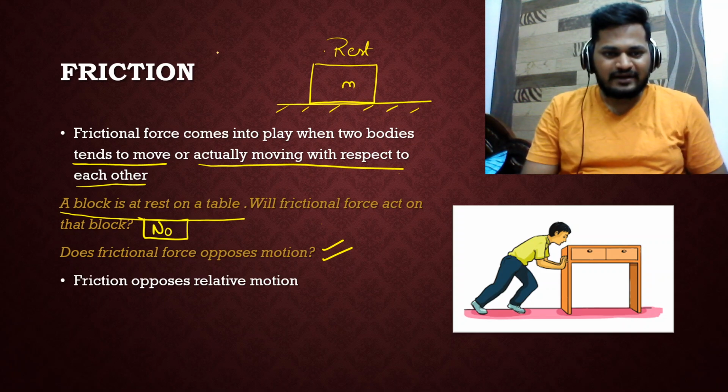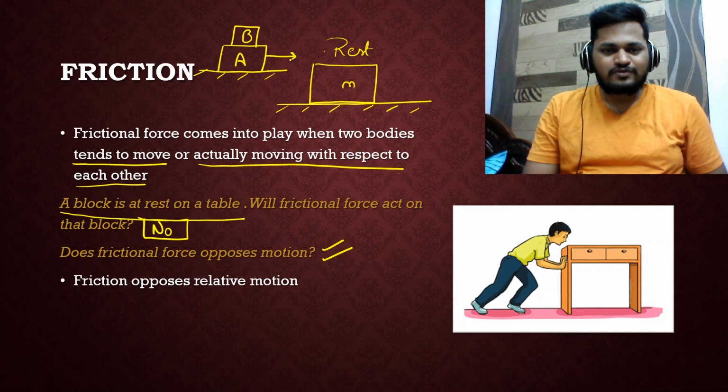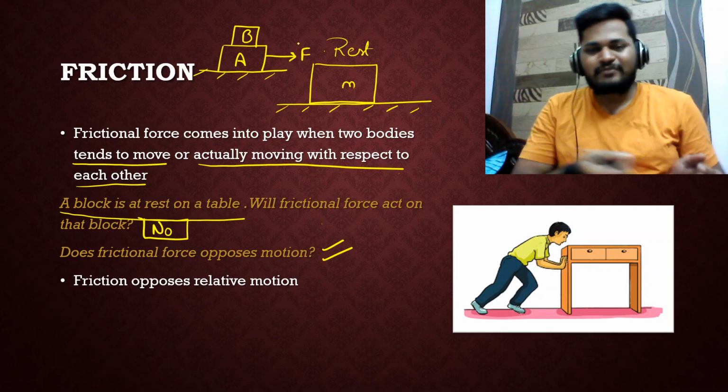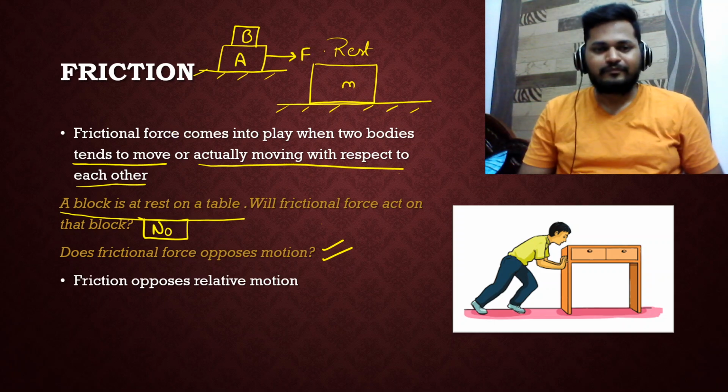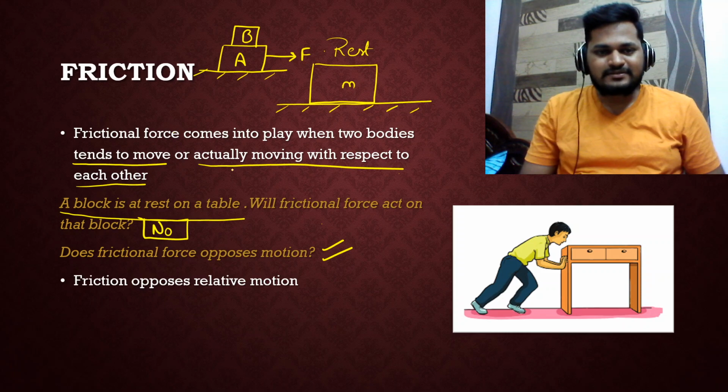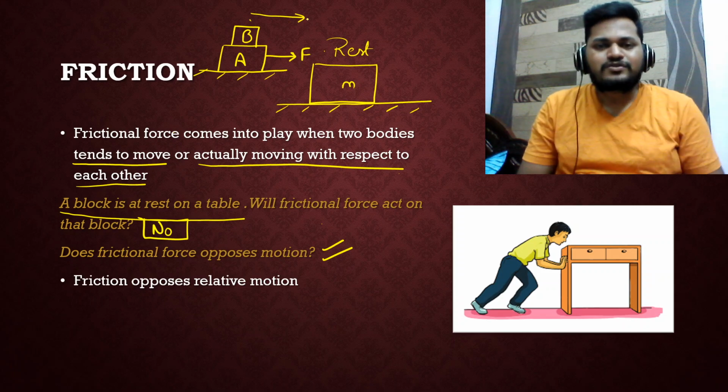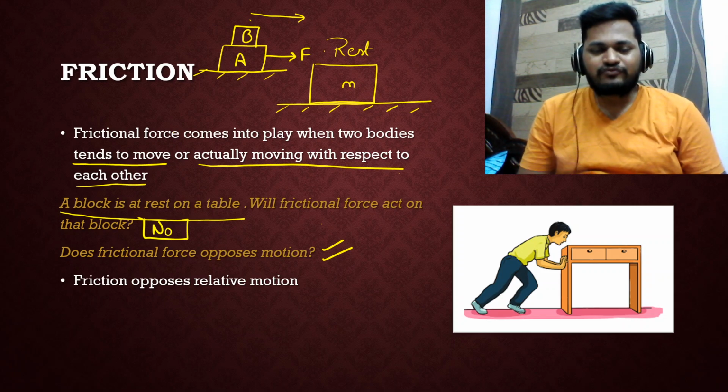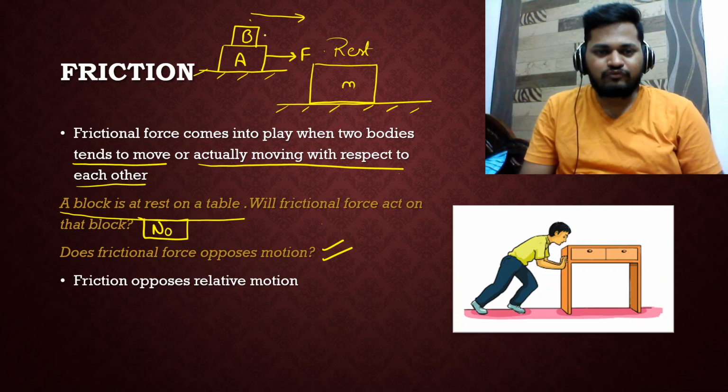Or else, if you want, I can draw and show. Suppose this is a surface. There is a block A, and there is another block B, and I am exerting force on block A, trying to pull the block. Both the blocks are moving in the direction of the force. In that particular case, which force is making B move?